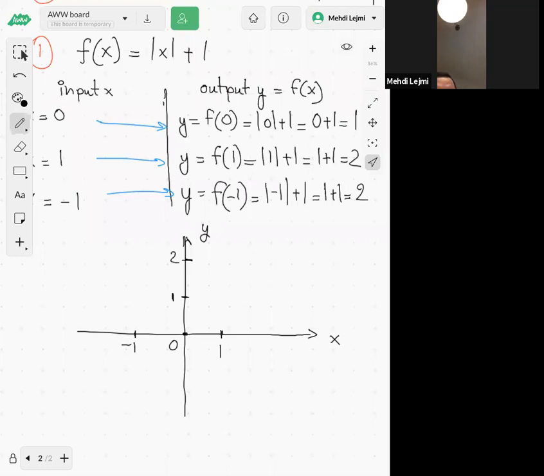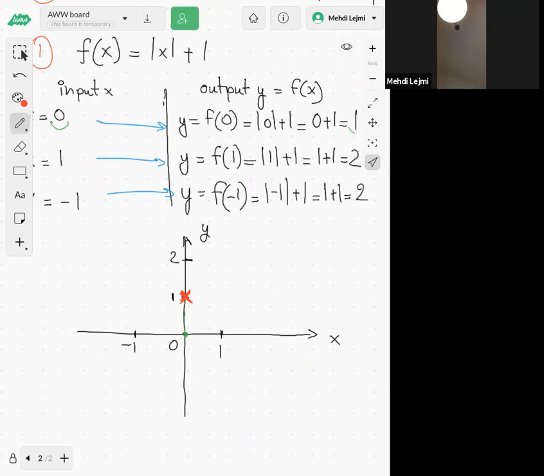First point: if my x is 0, then my y is positive 1. So I'm going to draw my vertical line, and go to the level where y is positive 1.